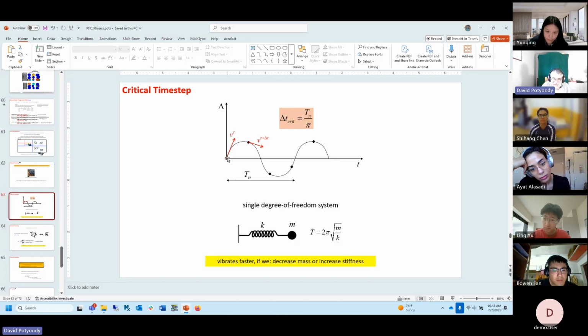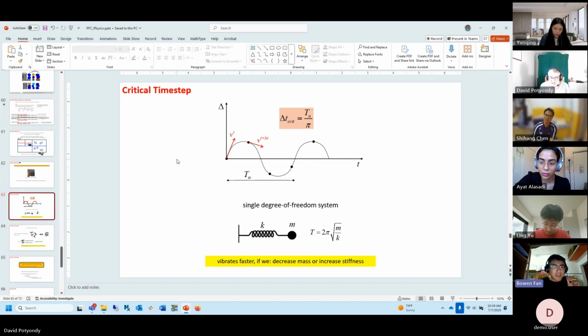If this is the system, you need to sample it about 5 times over this period so that you can track this velocity. Because knowing all the derivatives, the local information here, you cannot compute what it will be over here. You have to trace this. Sample, sample, sample, sample. And so this is why there has to be a critical time step.